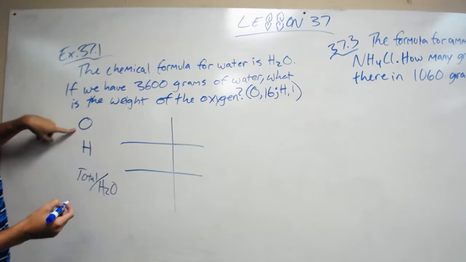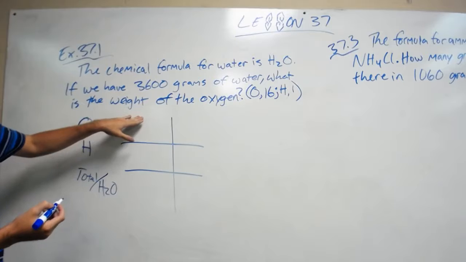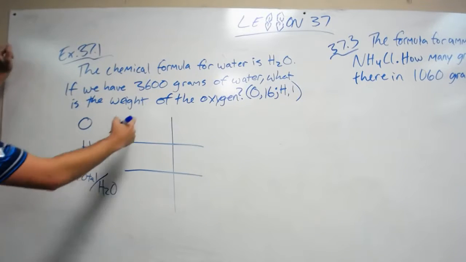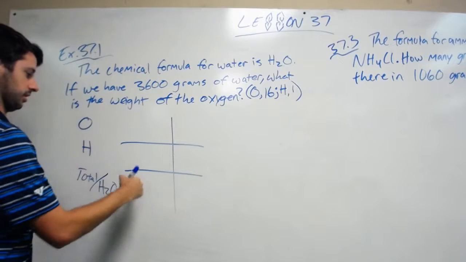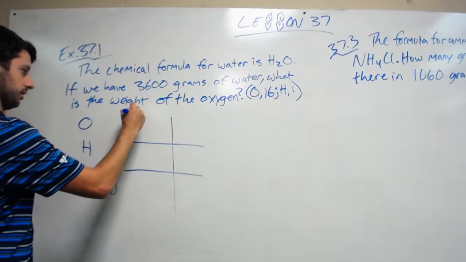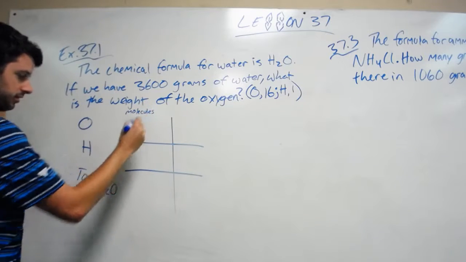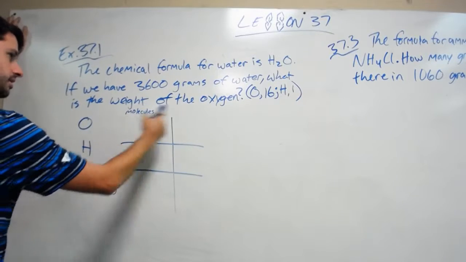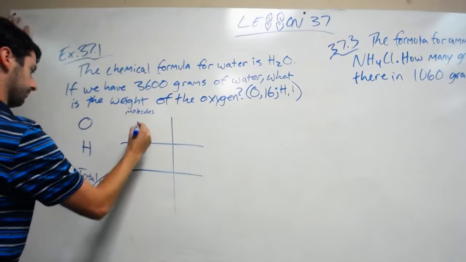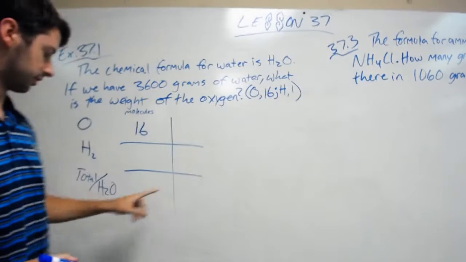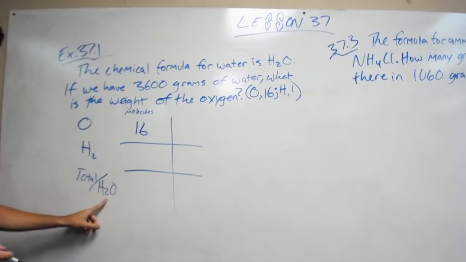Now, we can call this the molecules within the compound. So here's molecules. I guess I'll use that as the column. And we could say 16 is for O. Now for hydrogen, in our chemical compound, it's H2O.